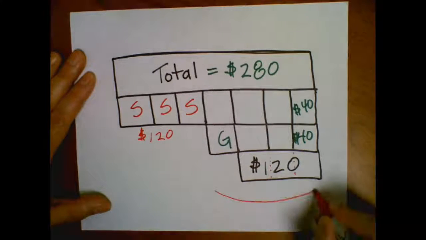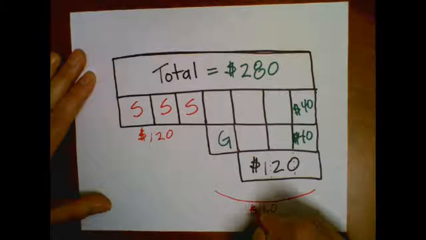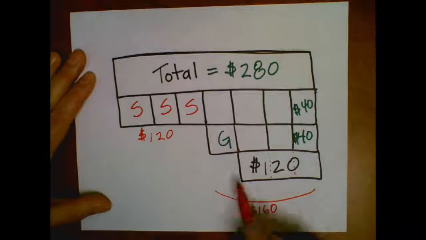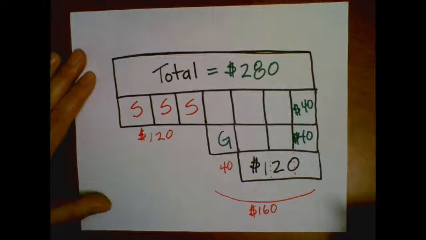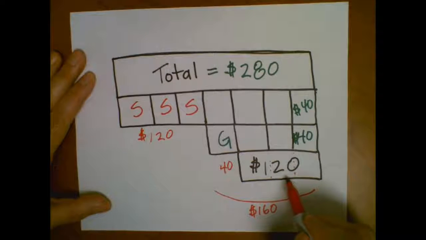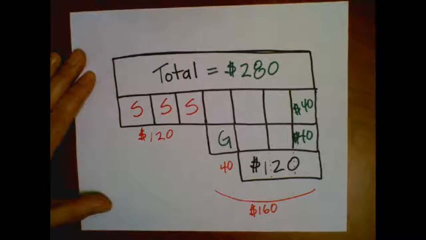So this part here represents $160. And if he gave his sister 1/4 of 160, or 40, and he had 120 left, do all of those numbers add up to equal the 280 that we said he had at the beginning?